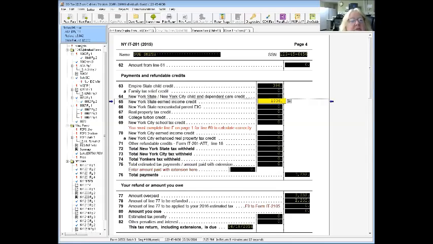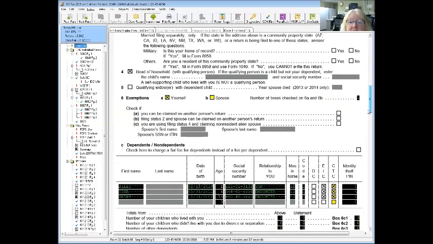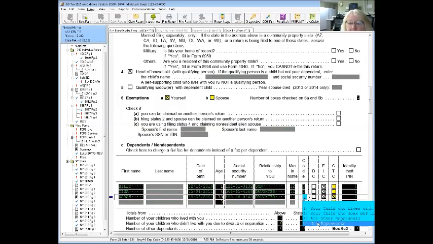Okay, so let's go back and let Dad claim all the kids. They're all still 12 months in her home, but now they're her non-dependents because Dad is claiming all of them.